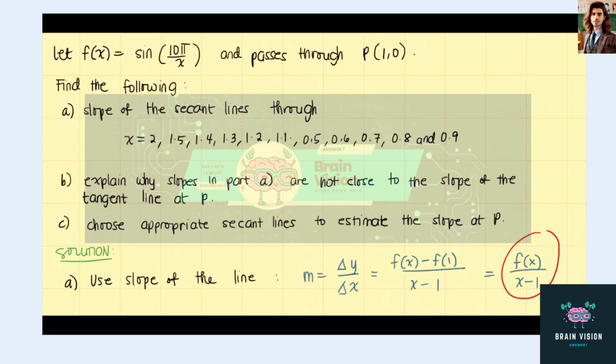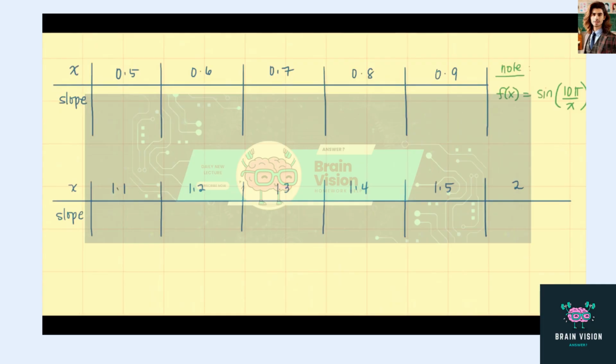Now for us to see a pattern, we will make a table, and in this table we will write our x values in order. For x equal to 0.5, we have sine of 10 pi over 0.5, divided by 0.5 minus 1, which gives a value equal to 0.